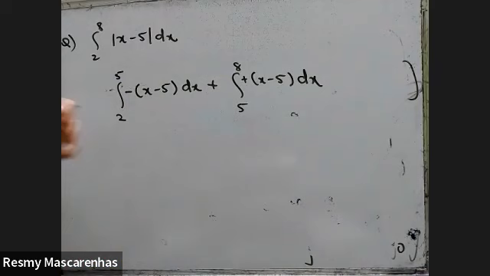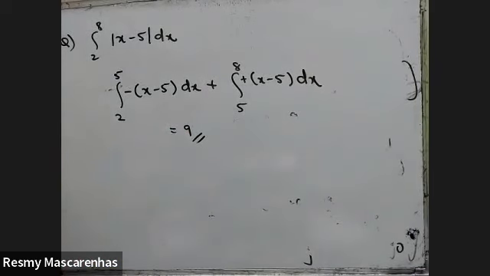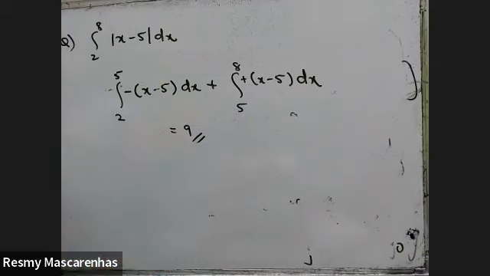Just check. I think you should be able to get 9 as the answer. Before you open up the bracket, make this as minus x. This will become plus 5 and then continue.